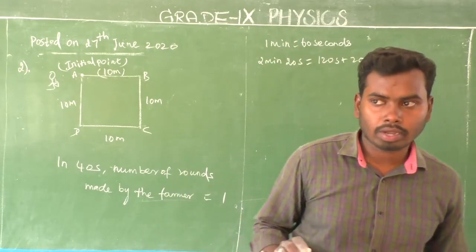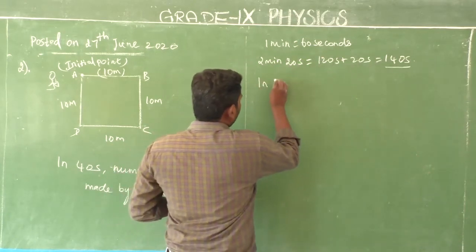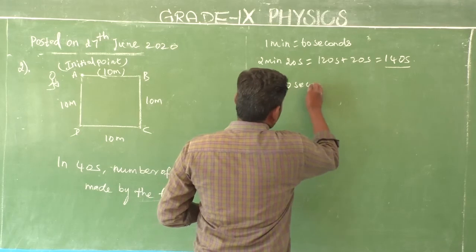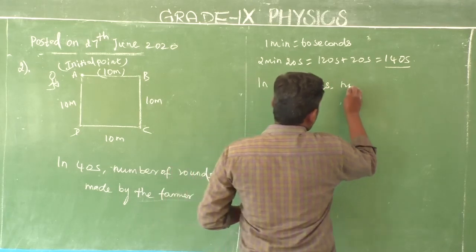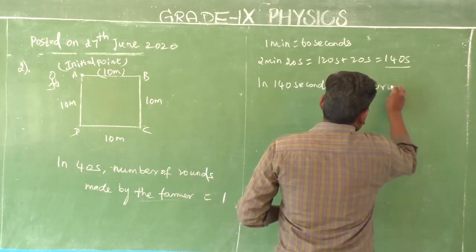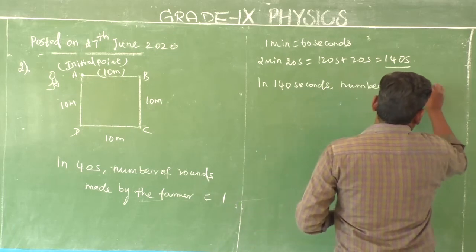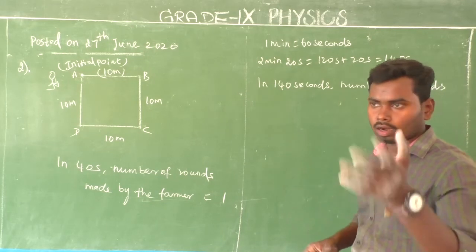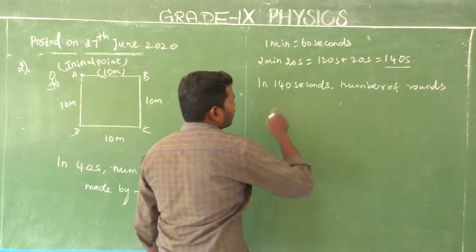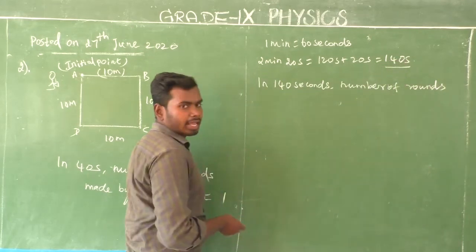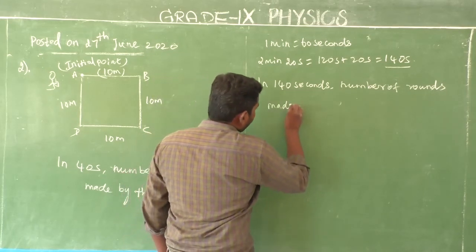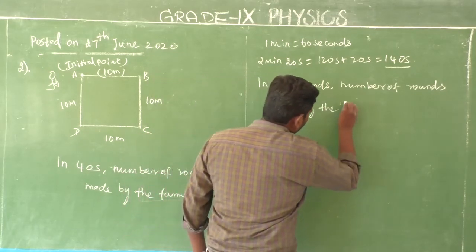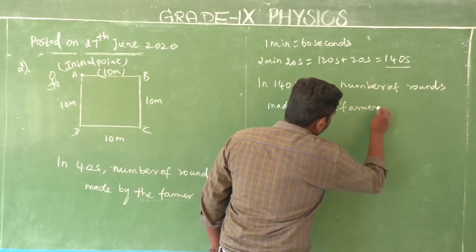That is the question. Here rounds means one complete trip. In 140 seconds, the number of cycles made by the farmer is equal to how much?